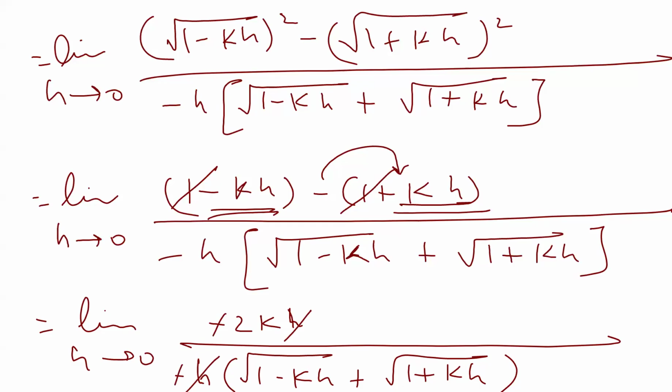x approaching 0 plus is x greater than 0. See, this is greater than 0, so the function is 2x plus 1 upon 2x minus 1.